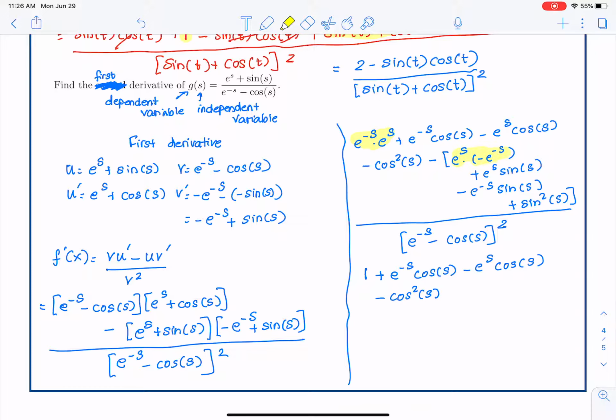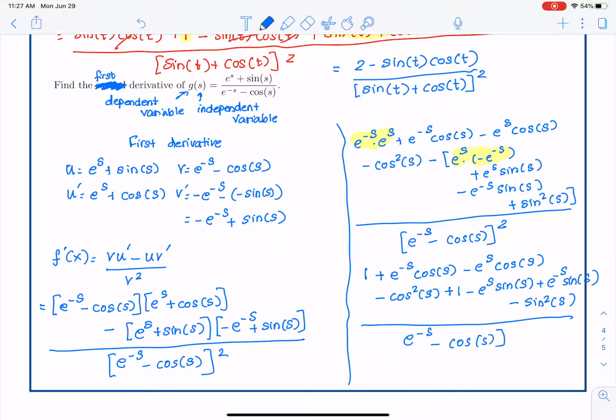That is going to become negative 1, so negative times negative is positive 1, negative e raised s sine s, positive e raised negative s sine s, negative sine squared s, divided by e raised negative s minus cosine s squared.